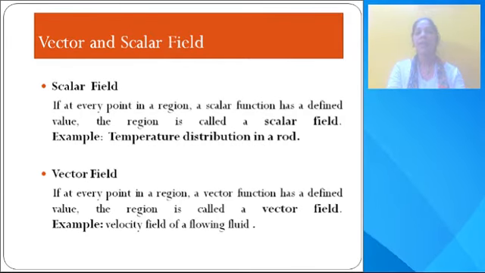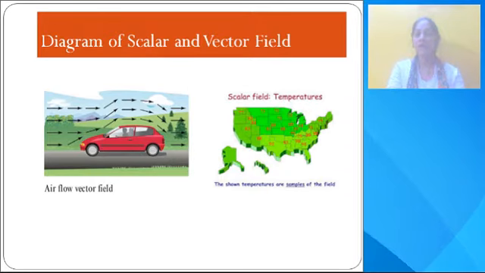Similarly, an example of a vector field is the velocity field of a flowing fluid. Velocity is a vector quantity, so the area where velocity is effective is called a vector field. In the next slide we can understand it more by seeing this example. Here in the first picture we see an air flow vector field, meaning we consider the velocity of air.